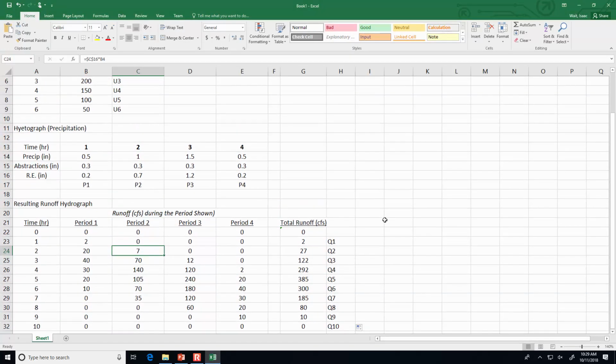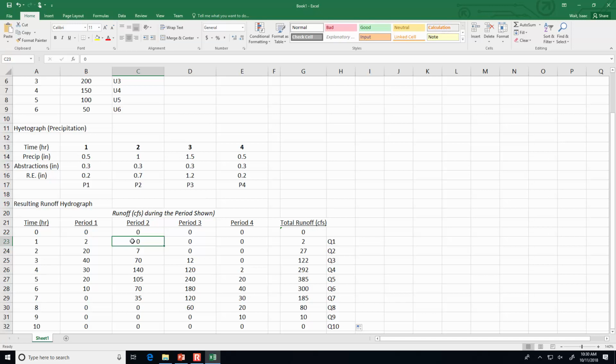But the procedure can be applied to any number of successive hours. The key that you've got to remember is to stagger the arrival of the next pulse of rainfall by an hour. So there was this one, that one. There were 4 of them in total, and during each period we have to offset the unit hydrograph by 1 additional hour.